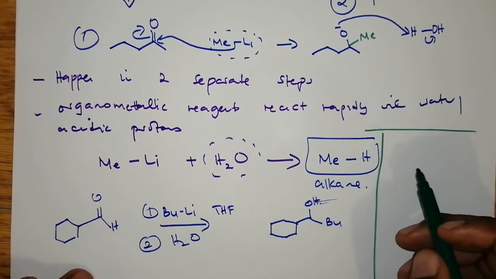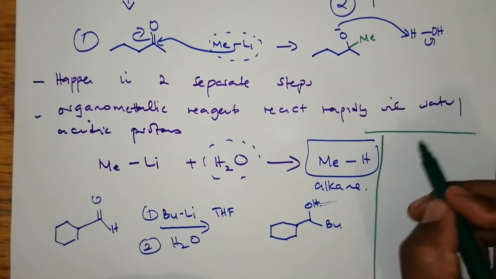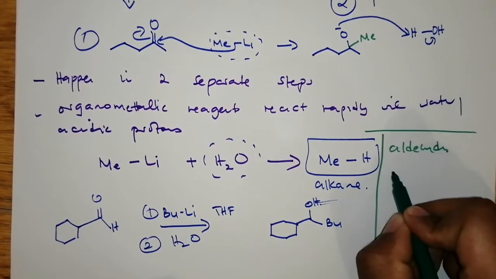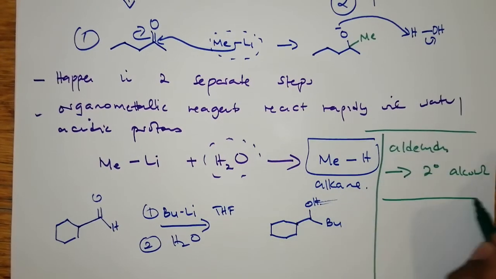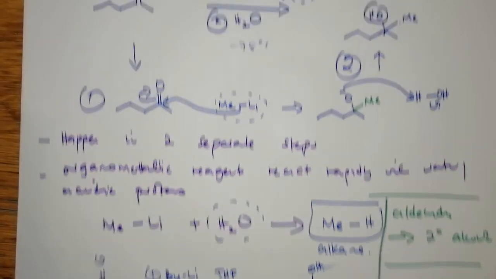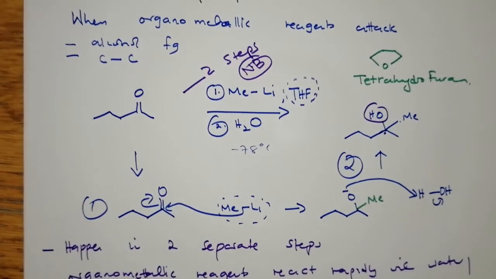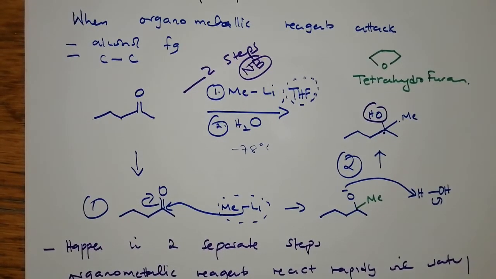However, now in organometallic reactions, where an organometallic reagent is added, aldehydes will form a secondary alcohol, as you can see here, this is a secondary alcohol, and then ketones will form a tertiary alcohol. There is your ketone there. You see, this is a tertiary alcohol. So that's worth noting, guys. It's quite important for you to note that. You know what I'm saying?